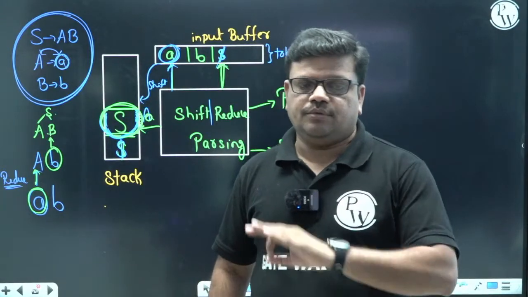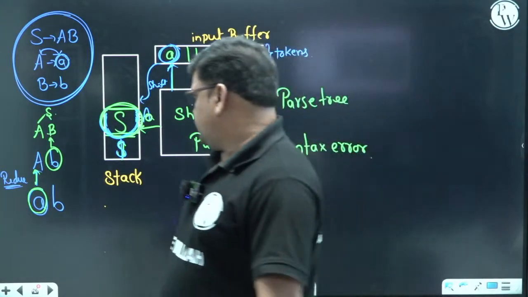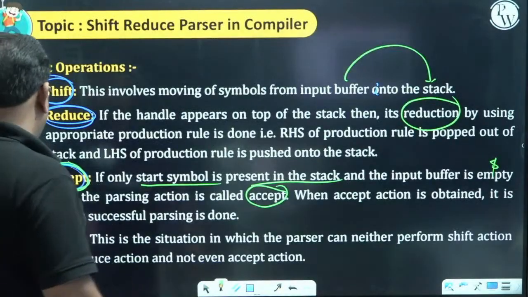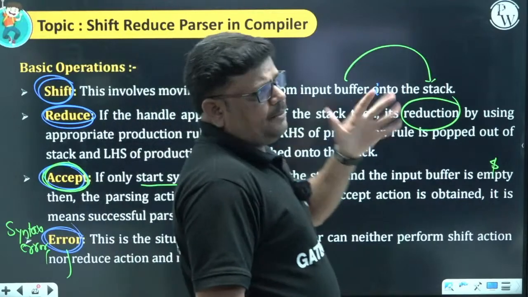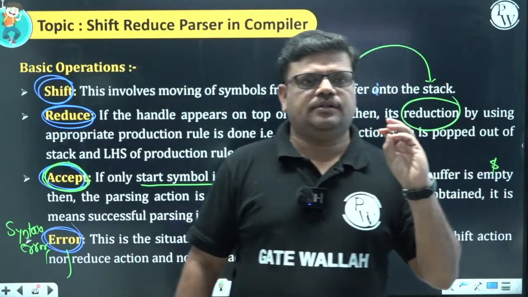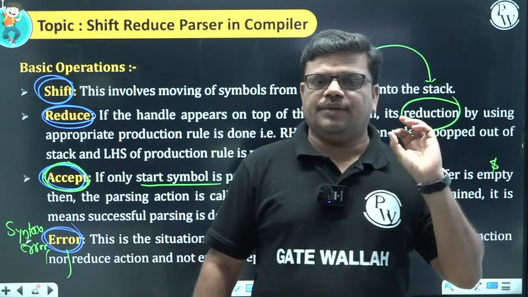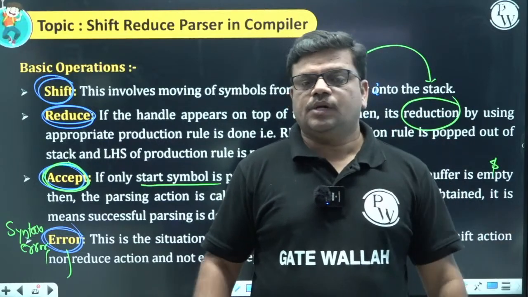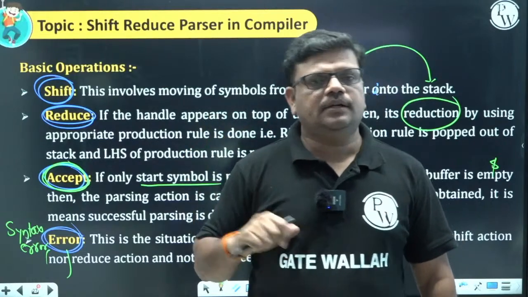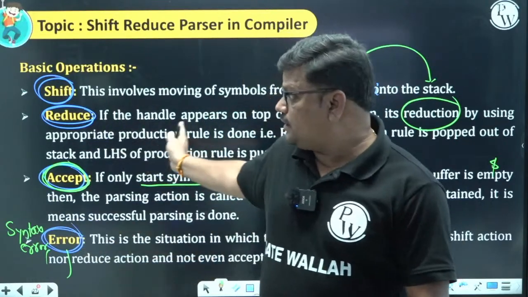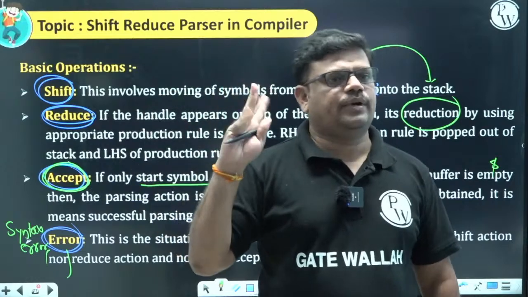For invalid input, error action. With the help of these 4 actions we perform shift reduce parsing. Any parser, whether LR parser or operator precedence parser, we have 2 types of parsers in bottom up parsing, LR parsing and operator precedence parsing. Both use the same 4 actions.